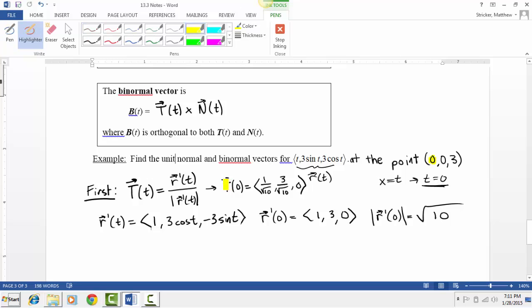The problem doesn't ask for it, but we now have enough information to know it. We're not actually looking for that. You may have one in your homework where you need to find that, so we'll give you that one for free. What we want, again, reminder, is T prime. So we need to take my r prime over its magnitude.